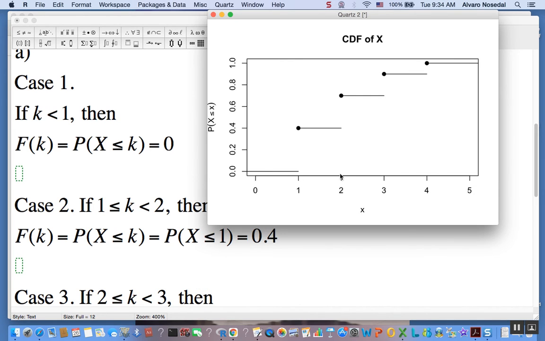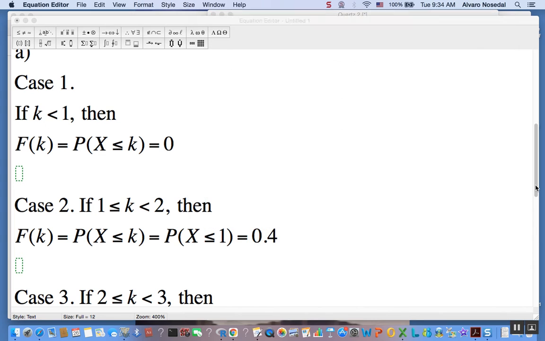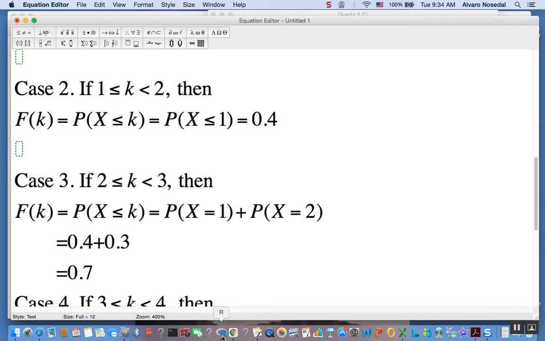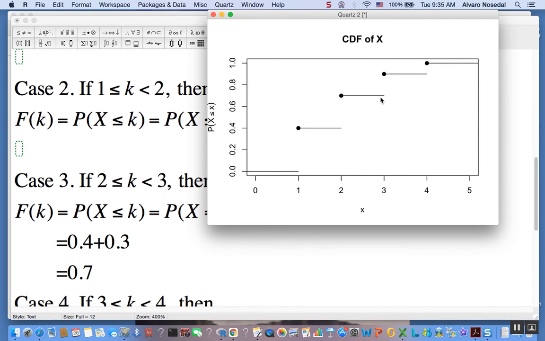As soon as we hit 2, we jump to 0.7. And then we remain at that level up to 3. Once we hit 3, we have 0.9, and once we hit 4, we have 1. Make sense? So it's a step function. Got it?